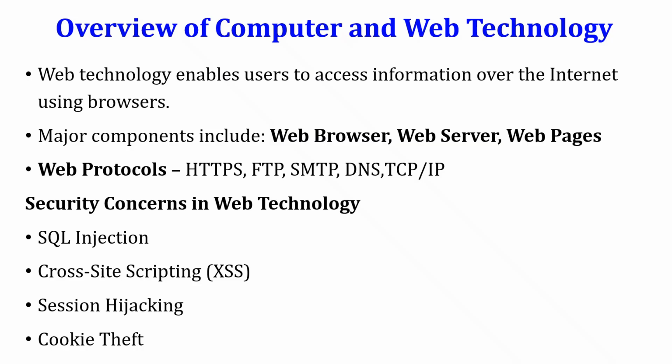So security concerns in web technology includes SQL injection, cross-site scripting, session hijacking, and cookie theft. These are very few examples posted. There are a lot many other security concern in web technology.